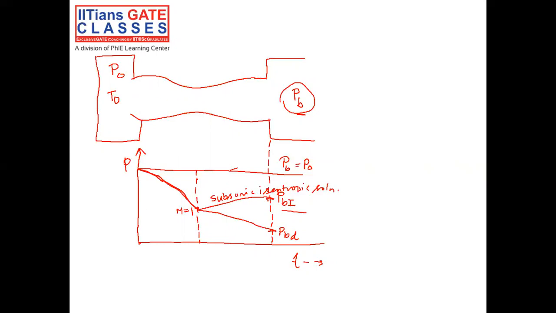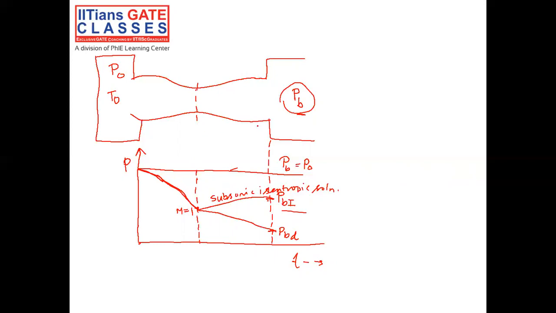In the convergent part of this nozzle, the flow will accelerate and the Mach number reaches maximum at the throat, and then it decelerates in the divergent portion. Now, if we keep on reducing the back pressure, we'll reach a certain value of back pressure for which the Mach number of the flow at the throat goes barely sonic.